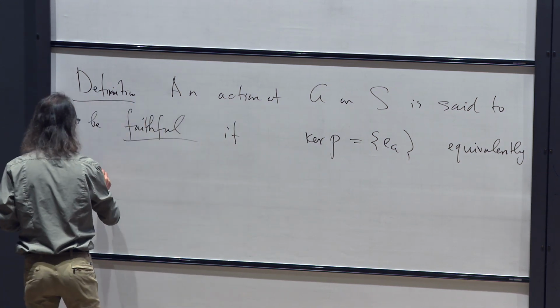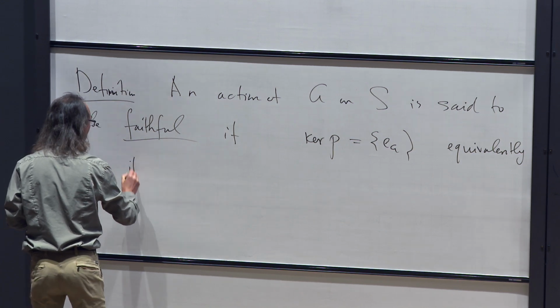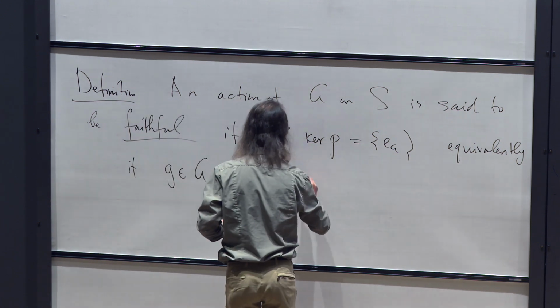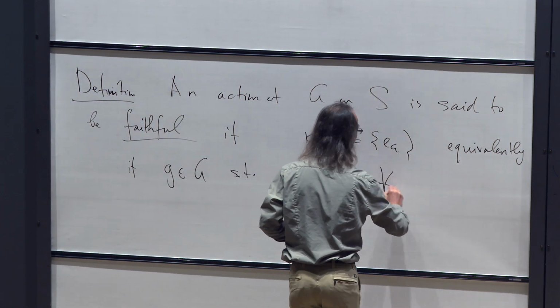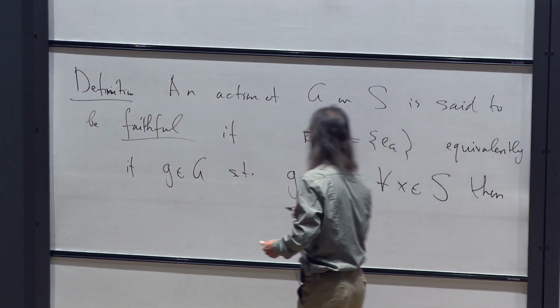Or equivalently, if g is an element of G such that g dot x is equal to x for any x in S, then this g must be the identity.